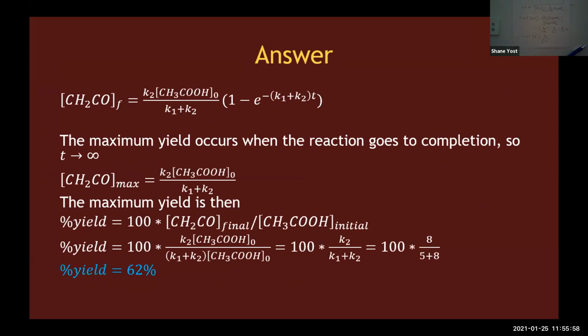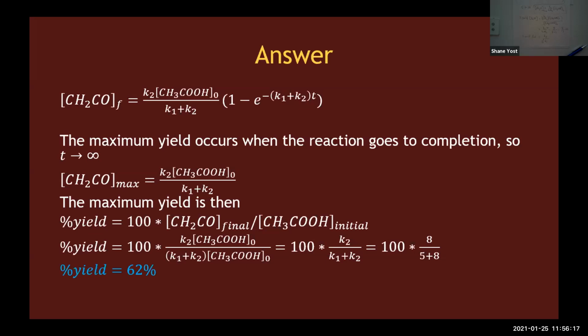But in general, we'll see this again pop up in photochemistry. When you have these competing first order reactions, the percent yield of the thing you care about is just the rate constant for that process divided by the sum of all possible rate constants.